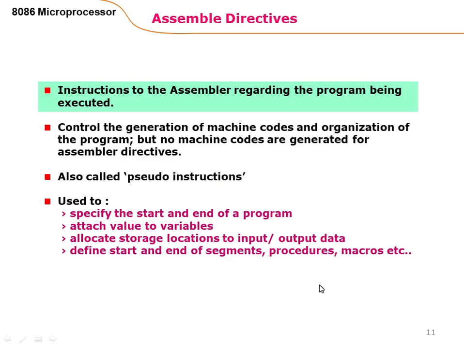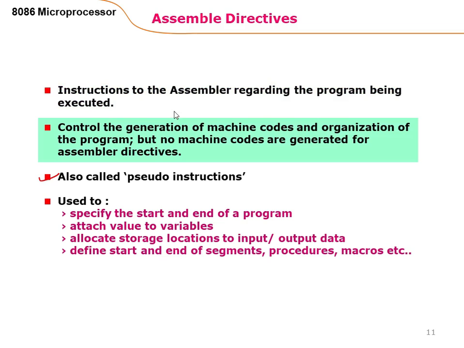Now the next, we cannot call them instructions. These are pseudo instructions, the assembler directives. These assembler directives are also called pseudo instructions. They give instructions to the assembler regarding the program being executed. Now, what is the use of these assembler directives?